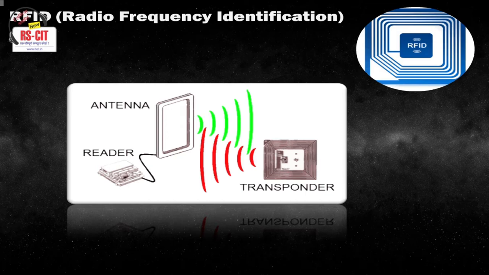Some types collect energy from the interrogating radio waves and act as a passive transponder. Other types have a local power source, such as a battery, and may operate at hundreds of meters from the reader. RFID tags are used in many sectors like logistics, shopping malls, manufacturing assembly lines, etc.